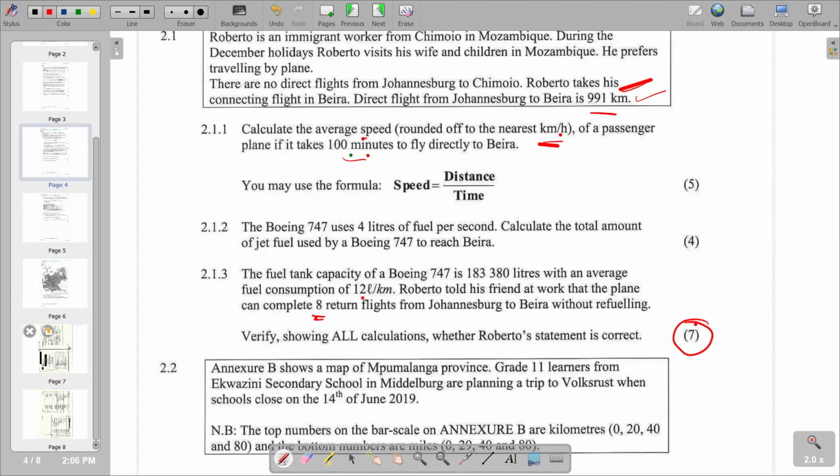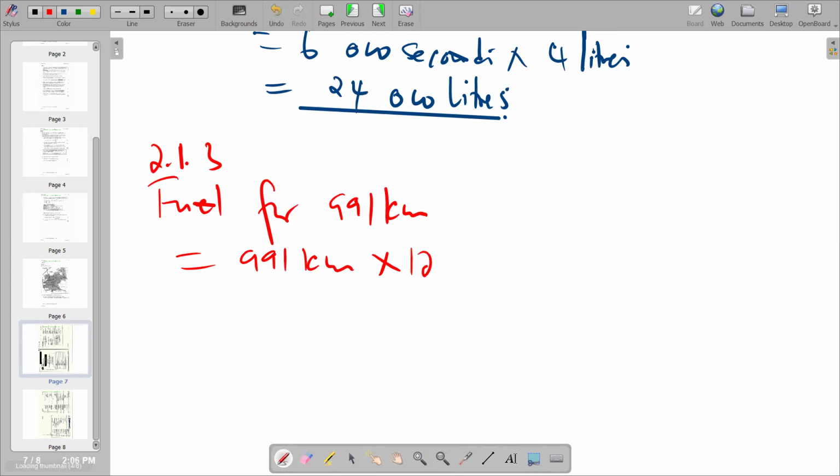So we multiply by 12 liters. Then to get the total liters that we need, which is going to be 11,892 liters. So 11,892 liters is what we need for one way.